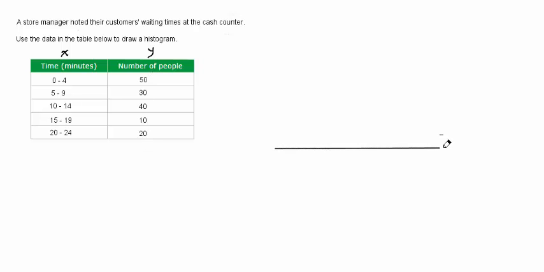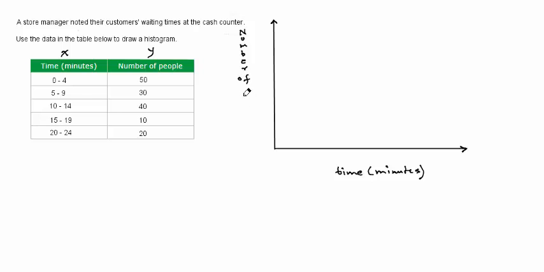So we could start by drawing the X-axis that represents the time in minutes, and the Y-axis has got the number of persons.